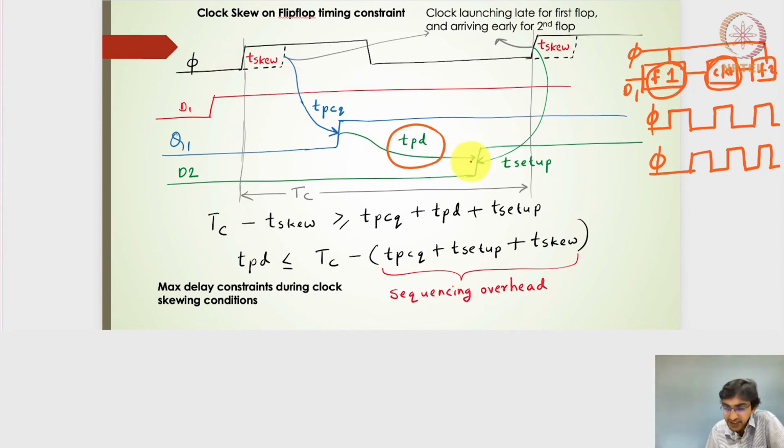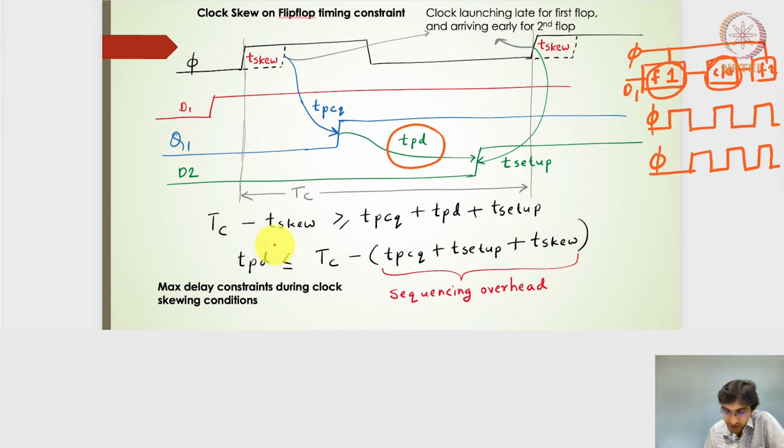Right. So looking at this timing diagram, we can easily say that if I consider this time period from this black line to this black edge transition, we know that this is TC. TC minus T skew should be greater than or equal to TPCQ plus TPD plus T setup.